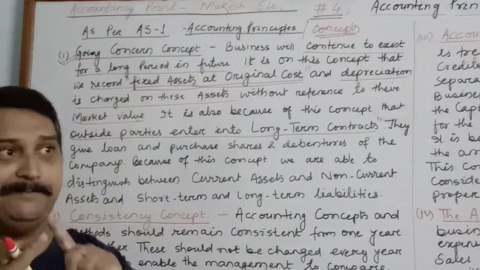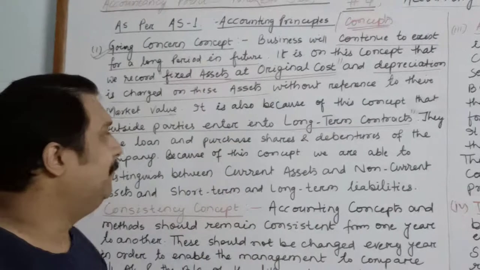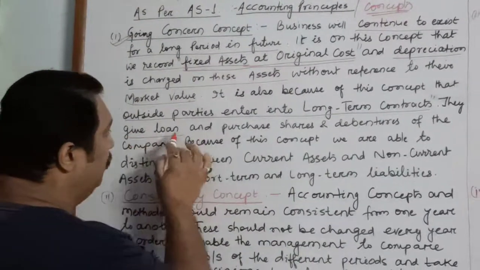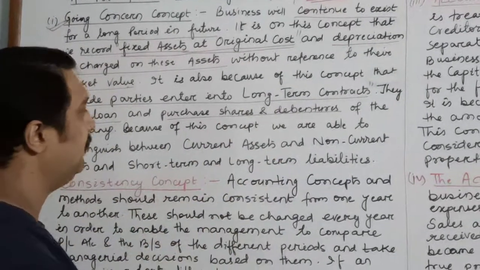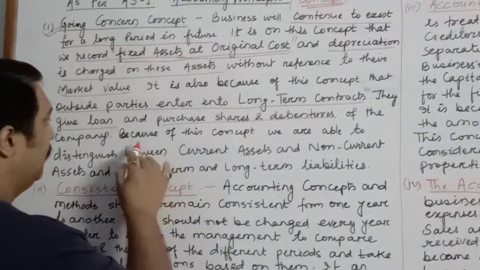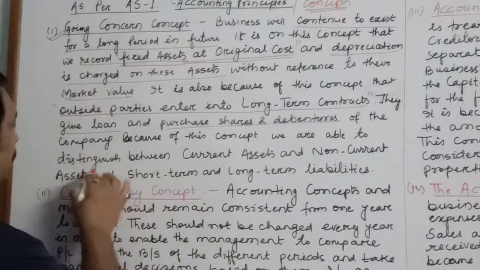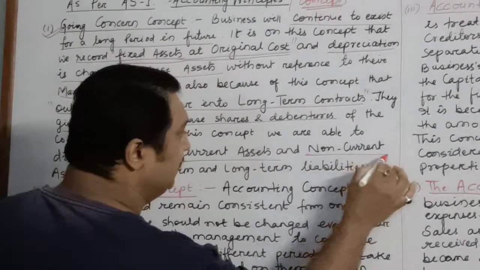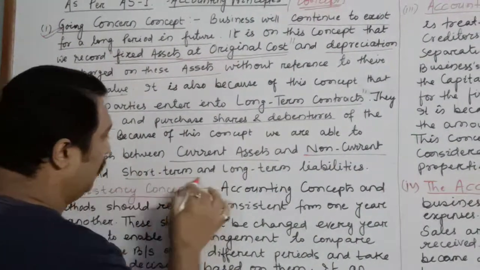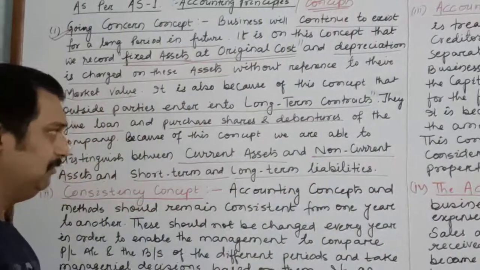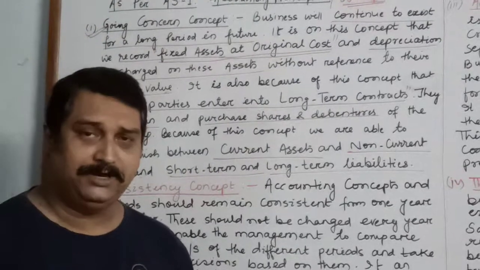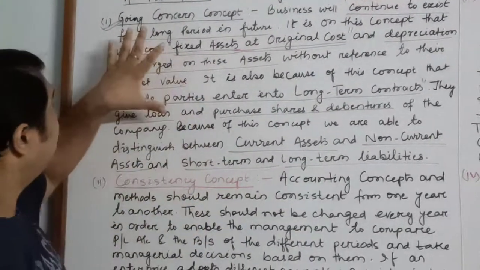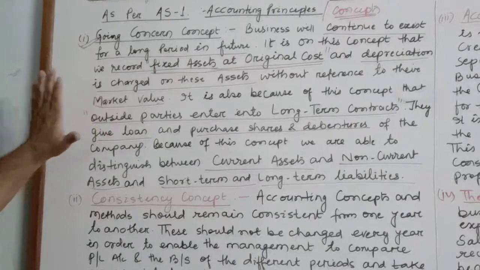Because they know that business will continue for a longer period of time. They give loans and purchase shares and debentures, assuming that the business will continue for a longer period of time. Because of this concept, we are able to distinguish between current assets and non-current assets, and short-term and long-term liabilities. Short-term means current liabilities, long-term means non-current liabilities. So this is what your going concern concept is about.